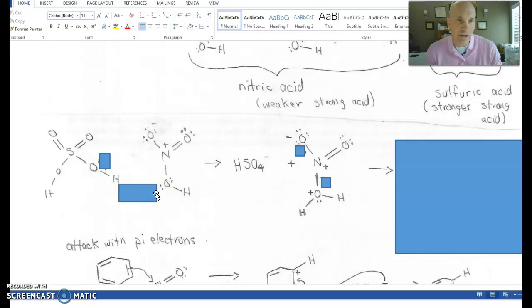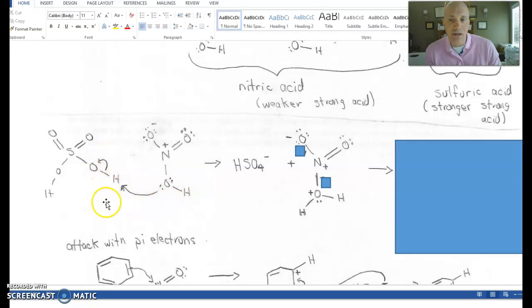The only way that can happen is if you treat it with a really, really stronger acid. So the mechanism that we can show is an electron pair from this oxygen right here is going to attack that H+. These electrons go onto the oxygen.